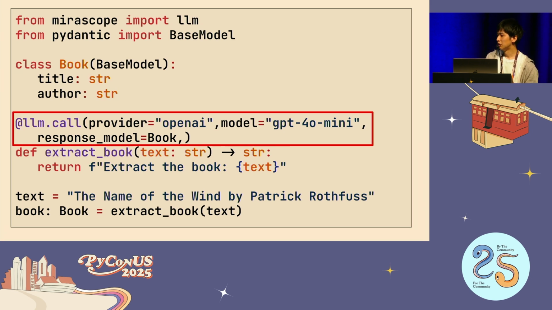Then after that, extract_book gets the argument text and returns the text. Okay, and on the last line, extract_book calls the LLM, creating the response, and the decorator converts the response to the Book object, and you get this pydantic model Book. It's very easy.